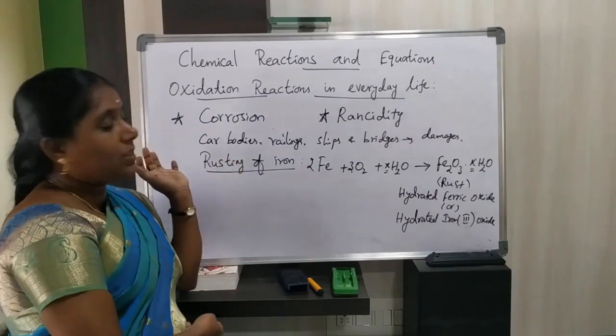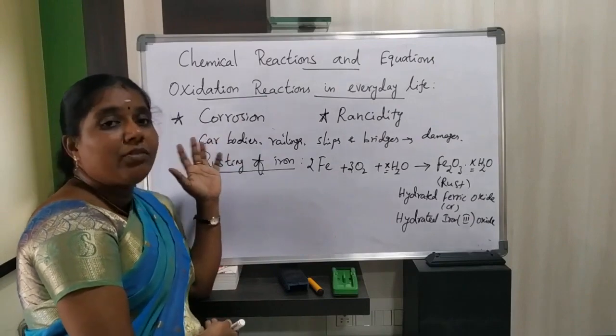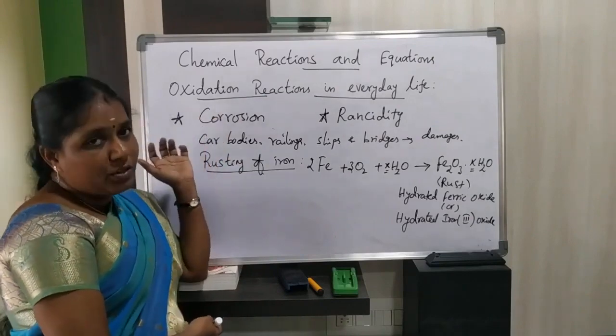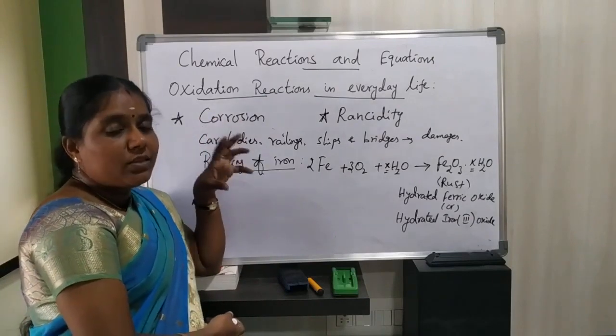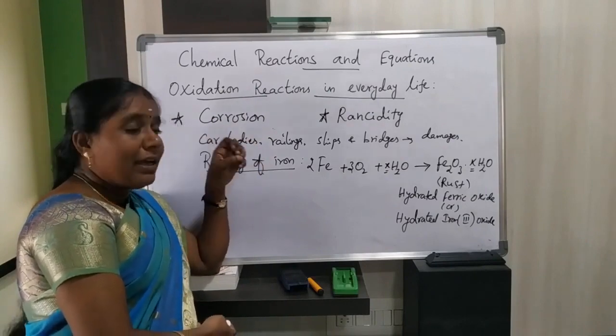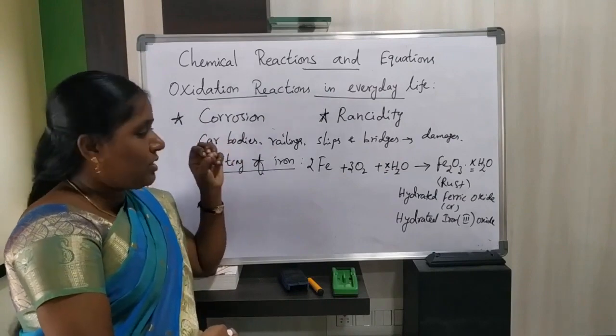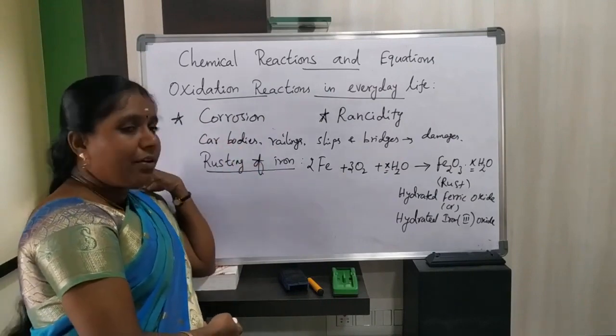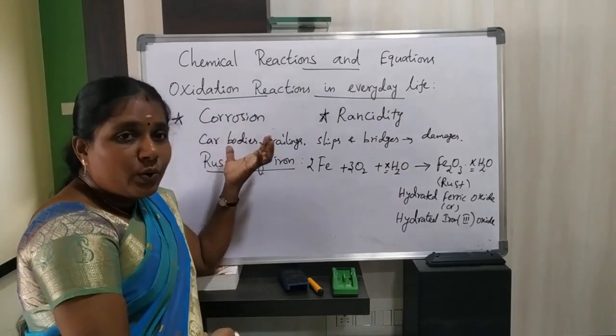So this process is called rusting of iron. This is one of the best examples of corrosion. So corrosion is the slow and steady destruction of metals with the help of air, moisture, acids and some other chemical processes. How do iron particles get rusted?